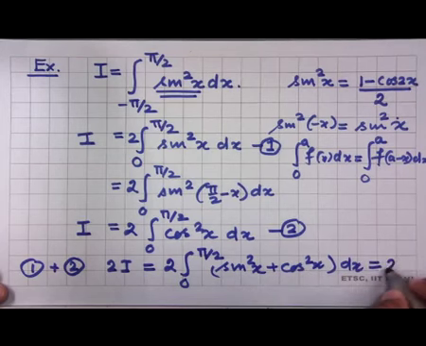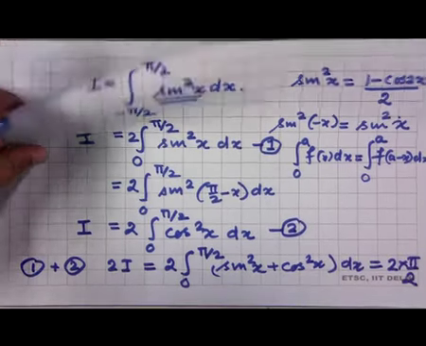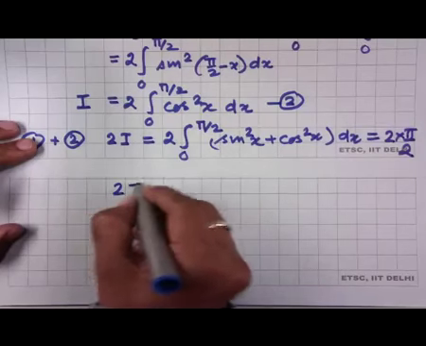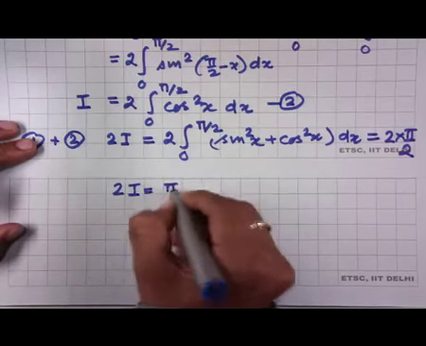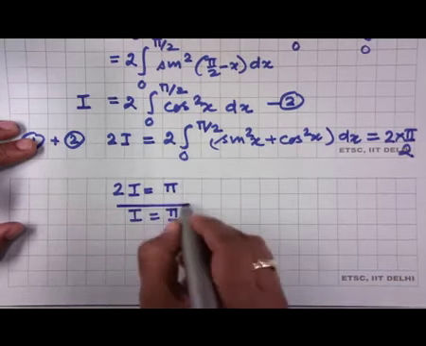So, we get 2 into pi by 2. So we got 2I equals pi. So, the value of the integral is therefore pi by 2.